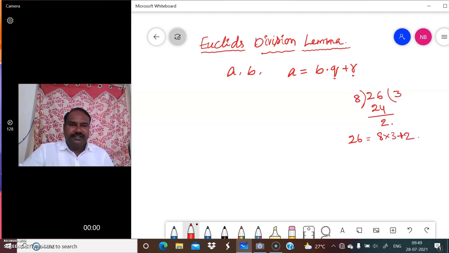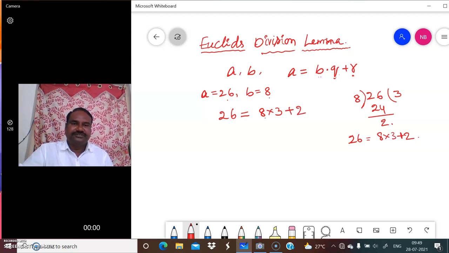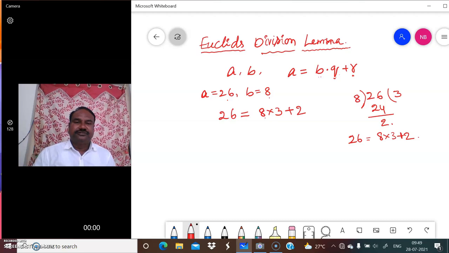In the same way here, a is equal to 26 and b is equal to 8. These two numbers can be written in the form a is equal to bq plus r. This 26 can be written as 8 into 3 plus remainder 2. 8 3s are 24 plus 2 is 26. So 26 is equal to 26.